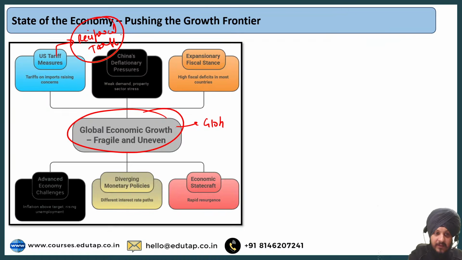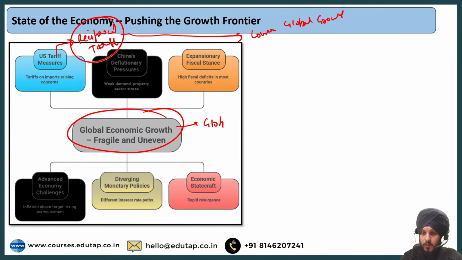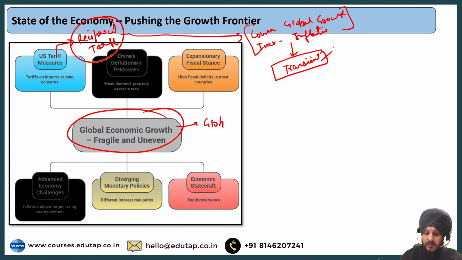It says that when these reciprocal tariffs were announced by the US, different countries, businesses, and economies were expecting that it was going to lower global growth and also increase inflation. But surprisingly, even if these challenges were there, they were there for the short period only, for the transient period only.